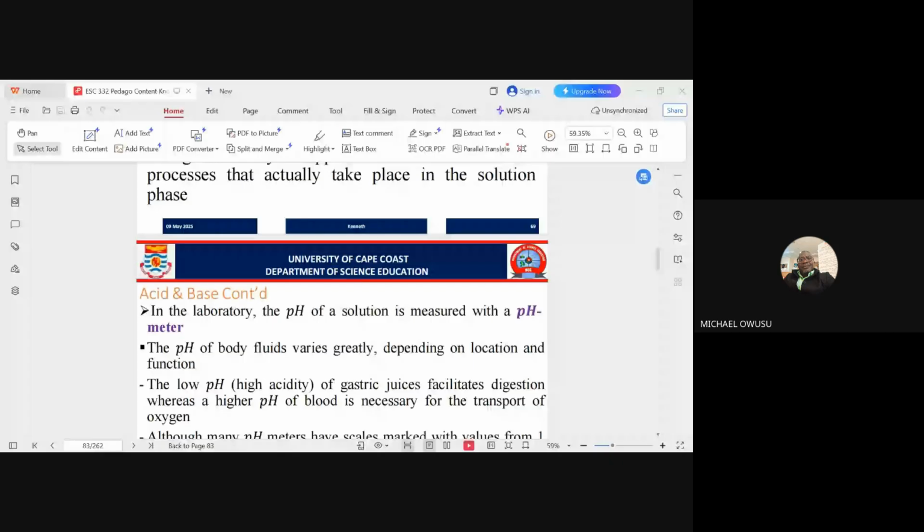Are you okay with the question? Doc, it is 3.64 times 10 raised to the power negative 8 molar of hydrogen ion.